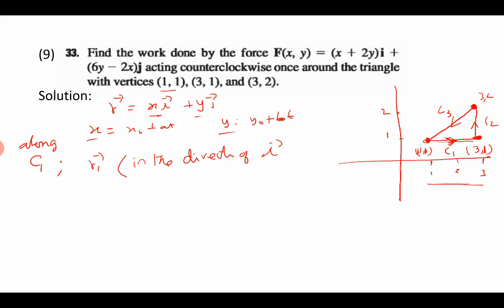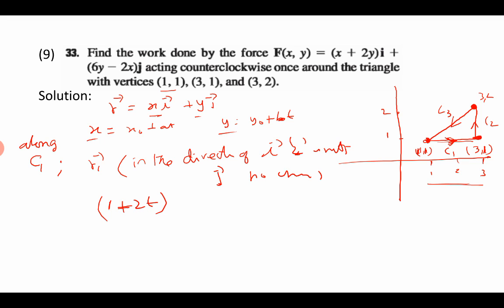So I am writing 2 units. In the direction of i, it is 2 units, and in the direction of j, no change. So how to write the vector? The starting point is 1 for x, so 1 plus 2 times t.